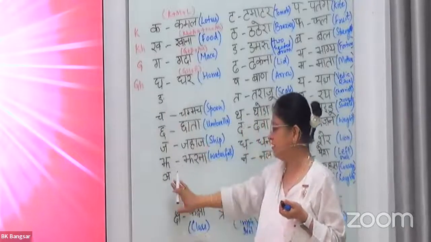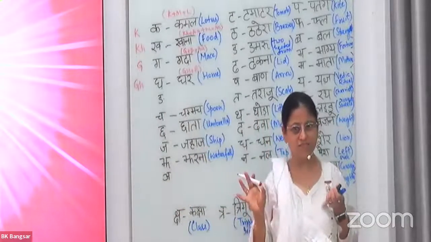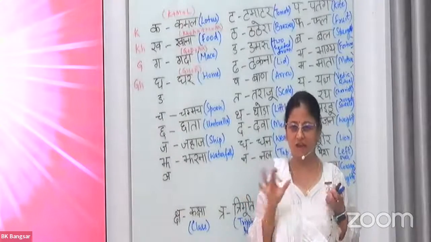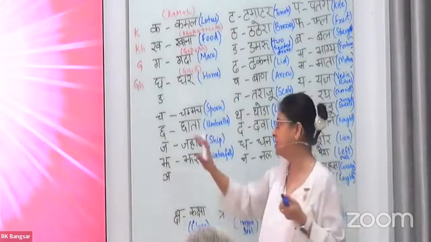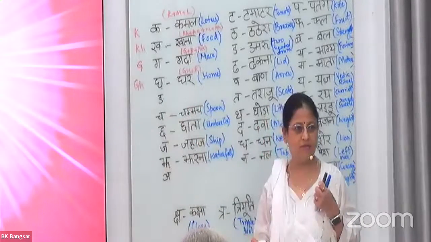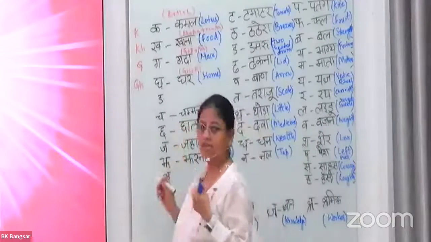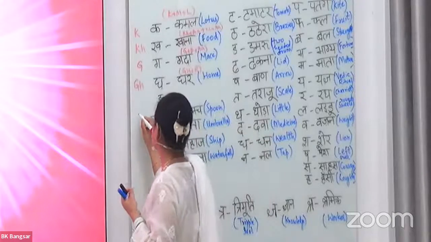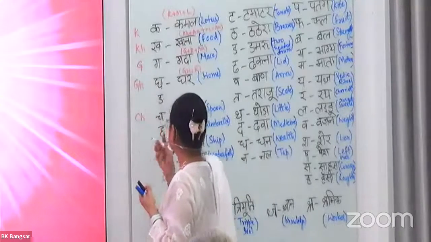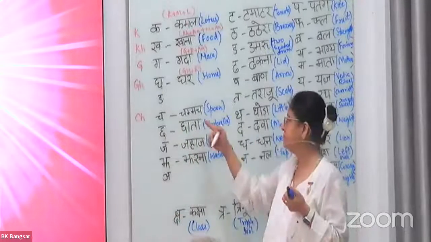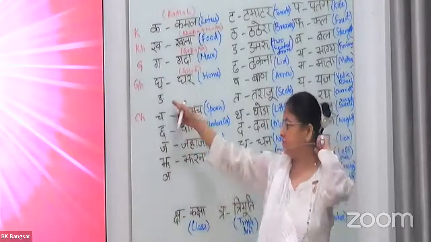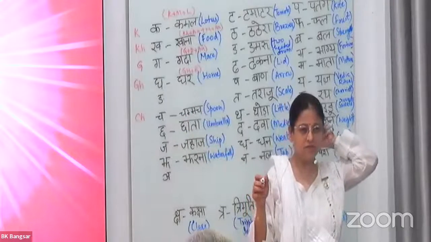There are certain consonants which are rarely used. So that's why there's no word or terminology next to them. Right? Then is ch. This one, no need. Very rarely used.